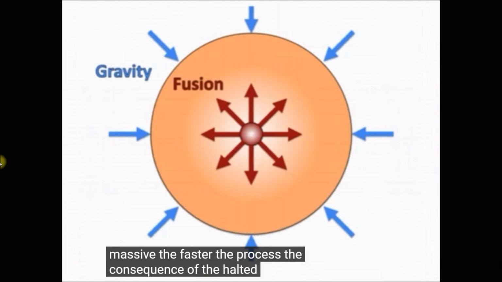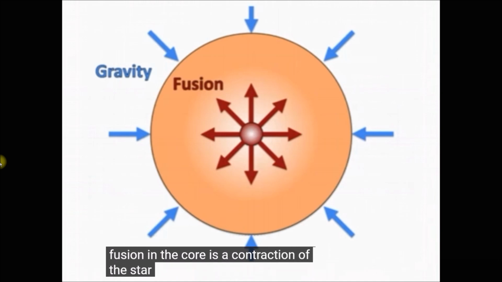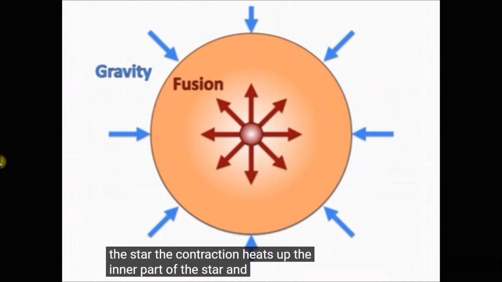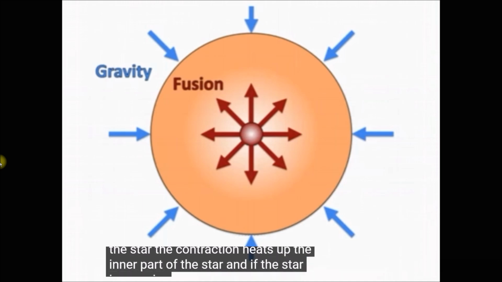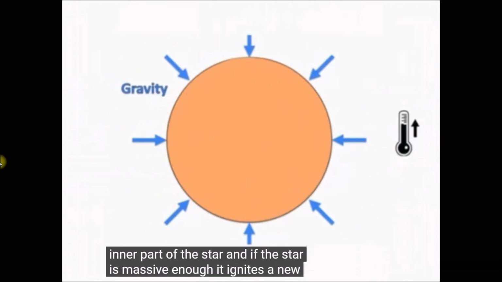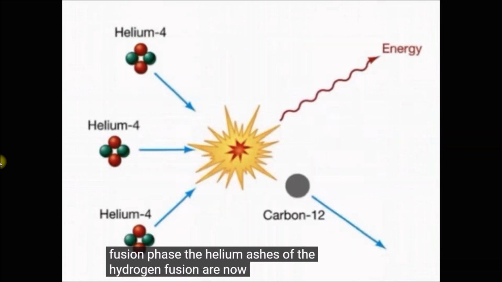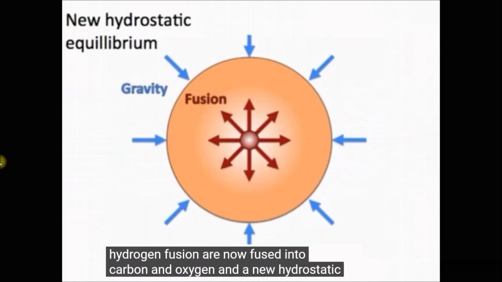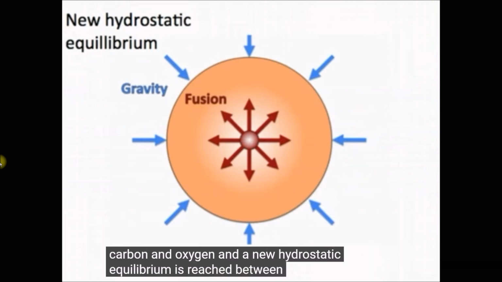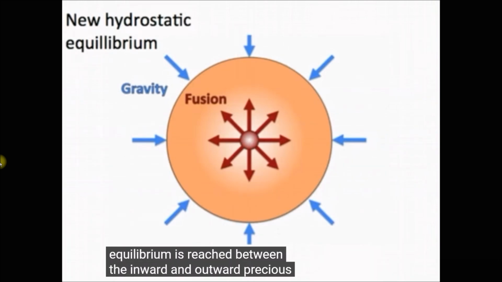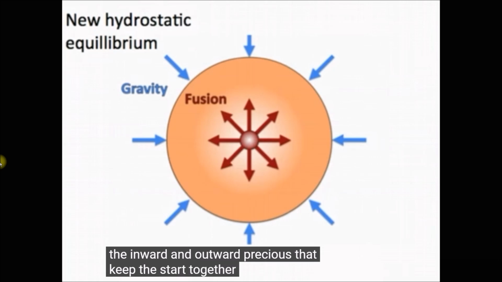The consequence of the halted hydrogen fusion in the core is a contraction of the star. The contraction heats up the inner part of the star, and if the star is massive enough, it ignites a new fusion phase. The helium ashes of the hydrogen fusion are now fused into carbon and oxygen, and a new hydrostatic equilibrium is reached between the inward and outward pressures that keep the star together.